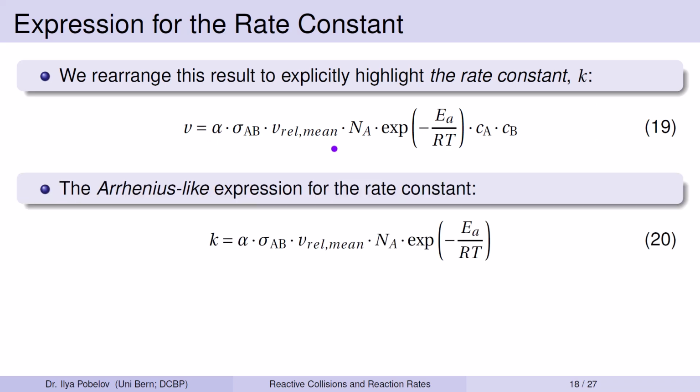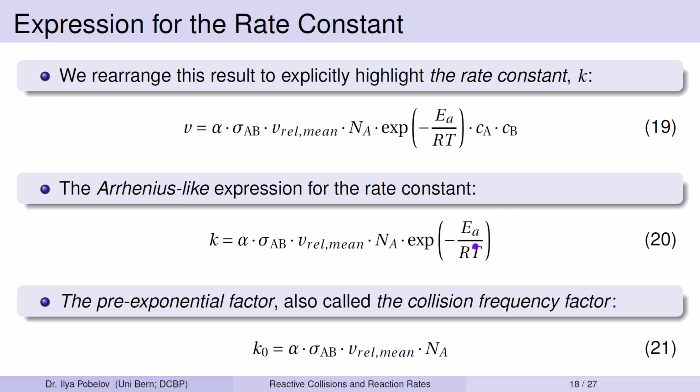We can immediately recognize that this combination represents the familiar Arrhenius-like expression for the rate constant. Within this expression, the pre-exponential factor K0, also called the collision frequency factor in this context, can be clearly identified.